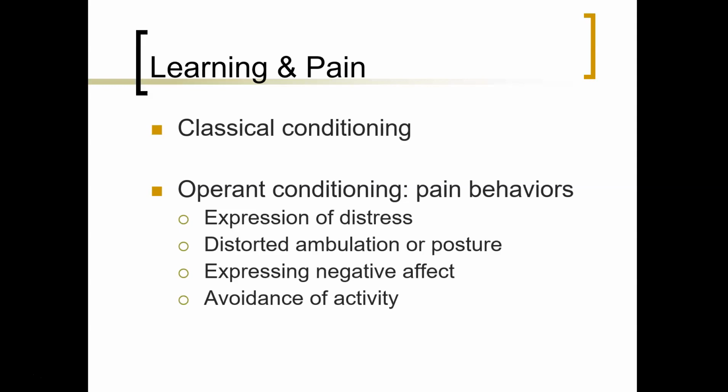So again, these are not necessarily things that the individual wants to have happen or even are aware are happening. But these are what are known as secondary gains. And you can apply this concept of secondary gains to a lot of different types of illnesses, not just pain. It can apply to other illness experiences or illness behaviors as well. But we're happy to be talking about it here because it can really exacerbate the problems that come along with chronic pain.